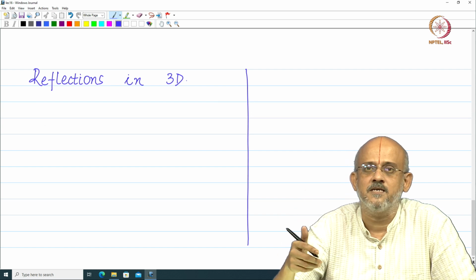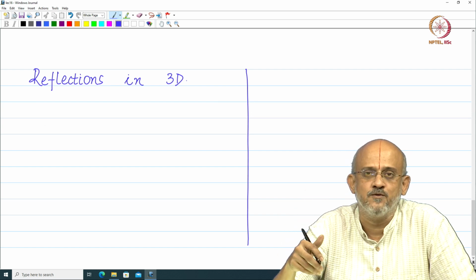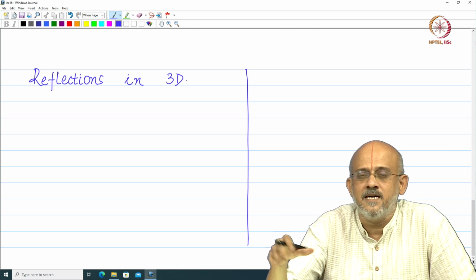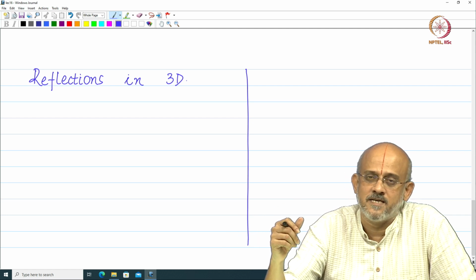Okay. So let us first look at the idea of reflection in 2D to understand it a bit geometrically, and then we go to the idea of reflections in 3D, right.